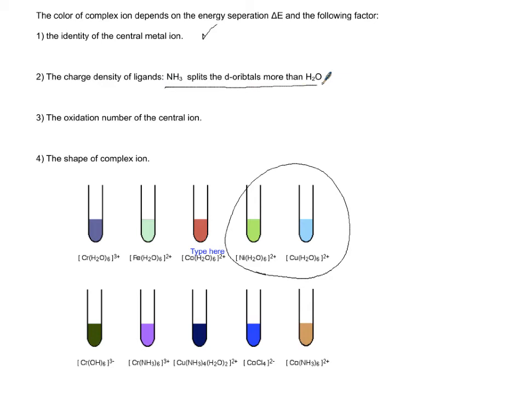If you're surrounded by ammonia versus water, for example, Cu surrounded by NH3, 2+, this is deep blue. But if you have Cu surrounded by H2O, which doesn't have enough splitting power, you become light blue.